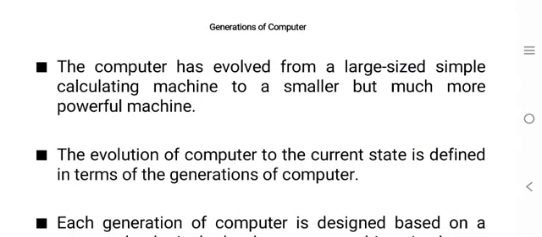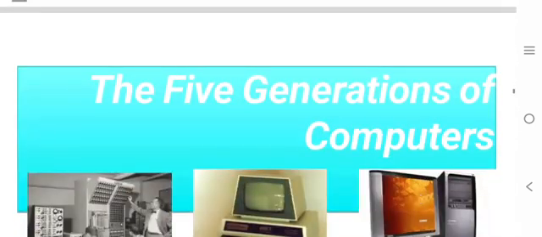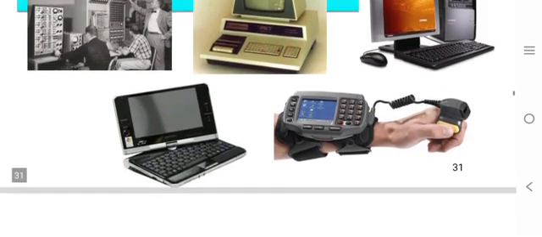Now the next one is the generation of computers. Generation of computers means the history of computers. The history of computers is divided into five generations based on the technology. This picture shows the five generations of computers, from 1G to 5G.